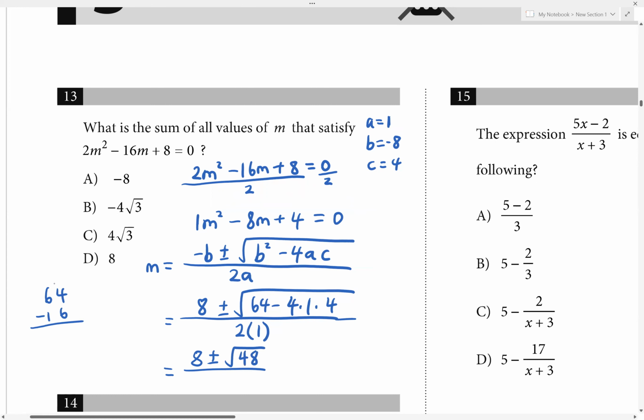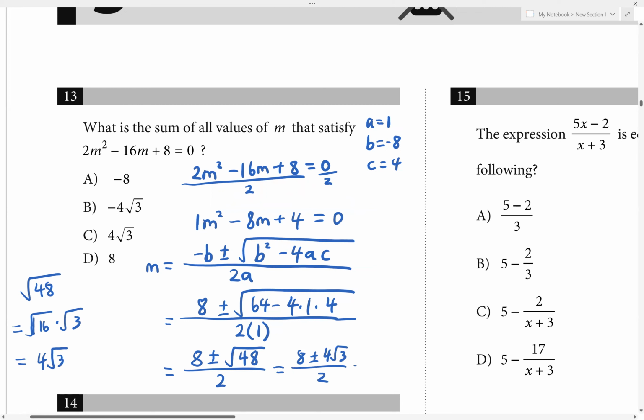So we have 8 plus or minus the square root of 48, over 2. We can simplify the radical. We can split 48 as 16 times 3, so the square root of 16 times the square root of 3. The square root of 16 is 4, so it'll be 4 times the square root of 3.